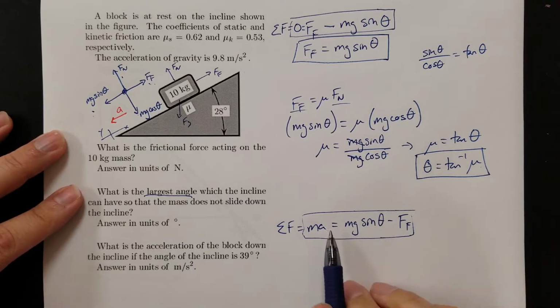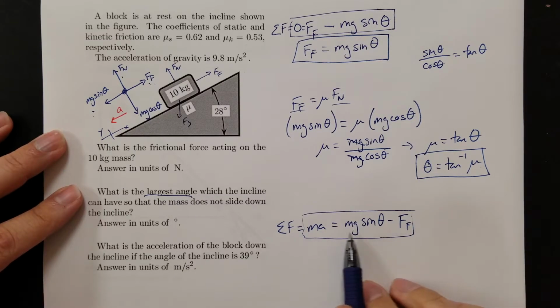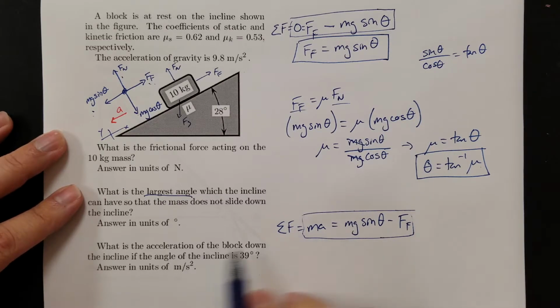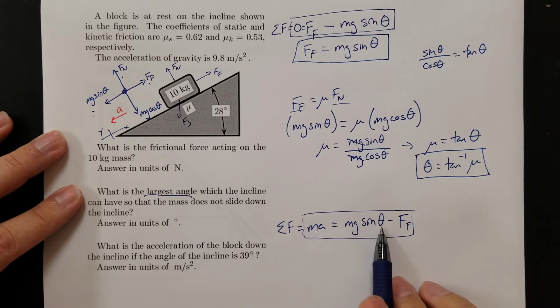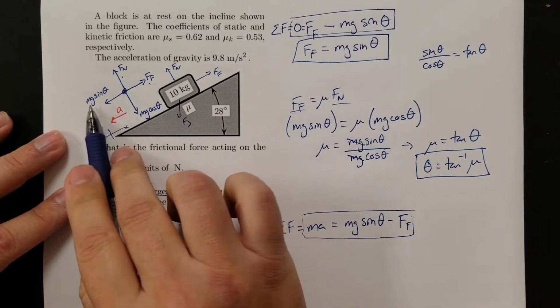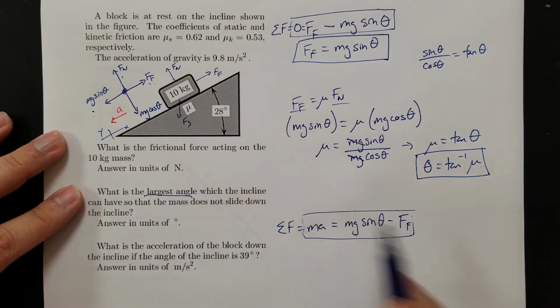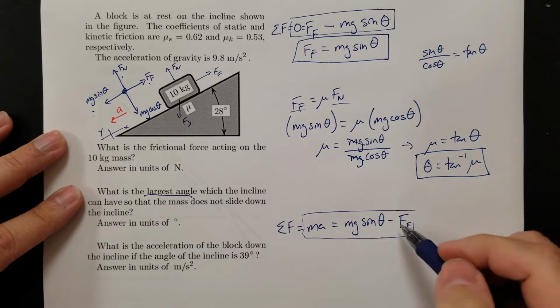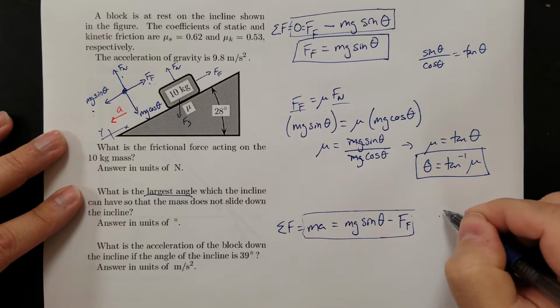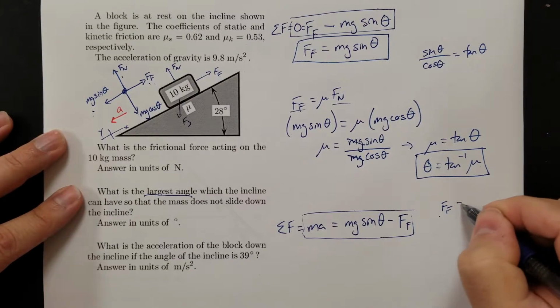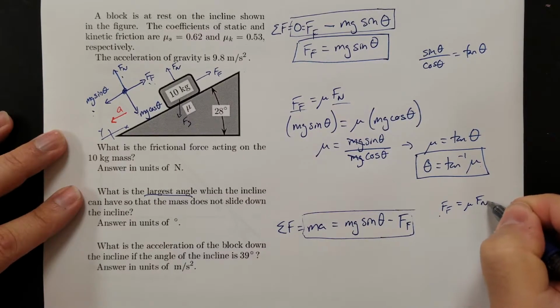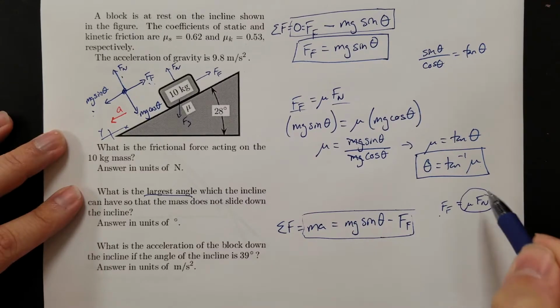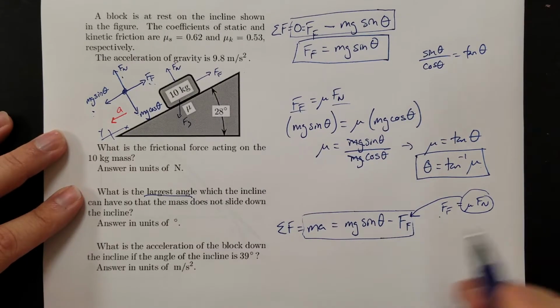So if ma equals all of this stuff, I want acceleration. mg sine theta is here, and I know m, and I know g, and I know sine theta. And frictional force, now because this is kinetic, I can say the kinetic frictional force is mu times the normal force. I can take this and stick this in here.